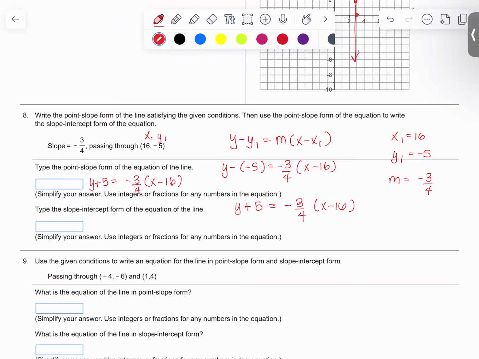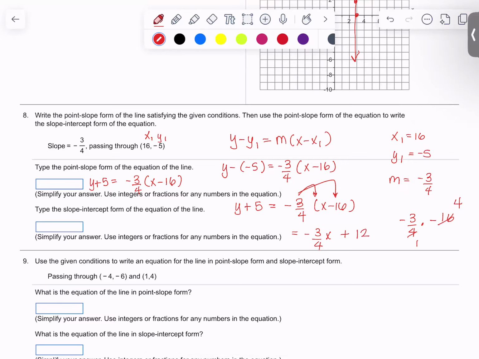The next step is to solve this equation for y, to put it in slope intercept form. So I'm going to first distribute the -3/4 across. So that's going to be -3/4 times x. And I'm going to have to multiply the -3/4 times -16. So that's going to give me a plus. The 4 will go into the 16 4 times. 3 times 4 is 12.